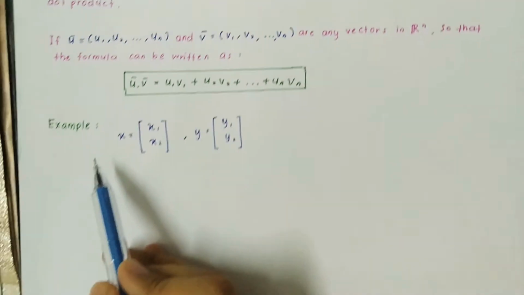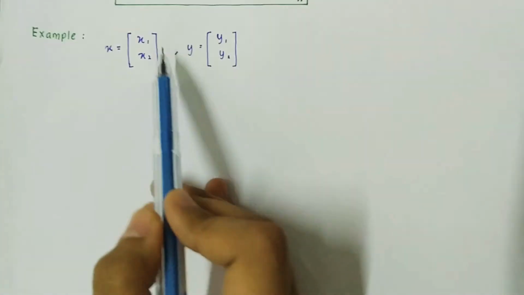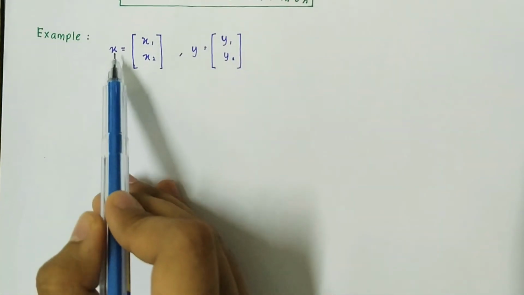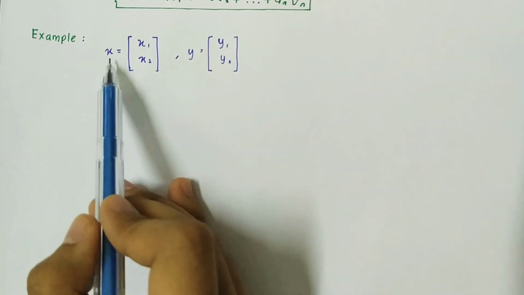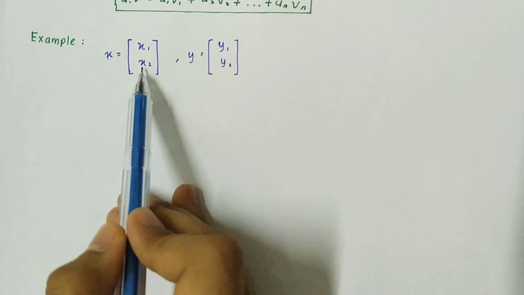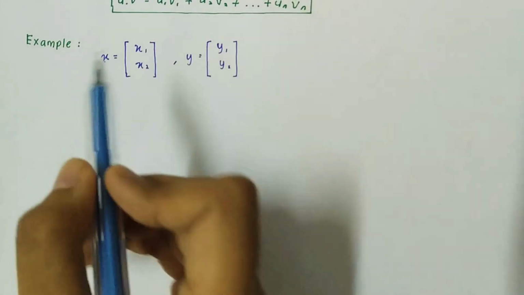For the example, you are supposed to have two vectors. The example we can use is x equals (x1, x2) and y equals (y1, y2).